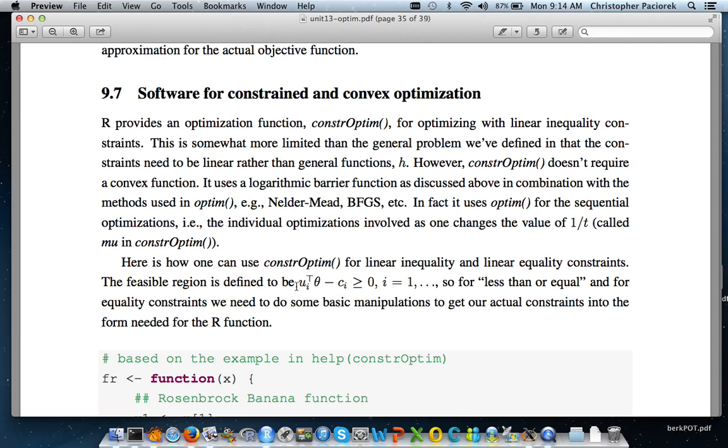So this is basically the form that we need to get our constraints into. And if we have less than or equal to, well, we can just take a minus. If we have a constant, we can subtract that off. So you basically need to be able to write your constraints like this, where here theta is playing the role of what we've often been calling x. So this is going to be a matrix with each row indicating what that constraint is, and then the c_i, the corresponding c_i.